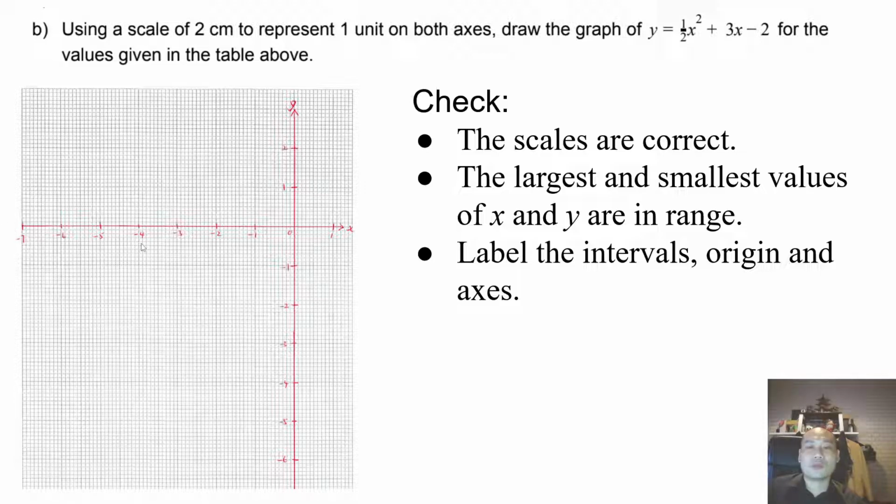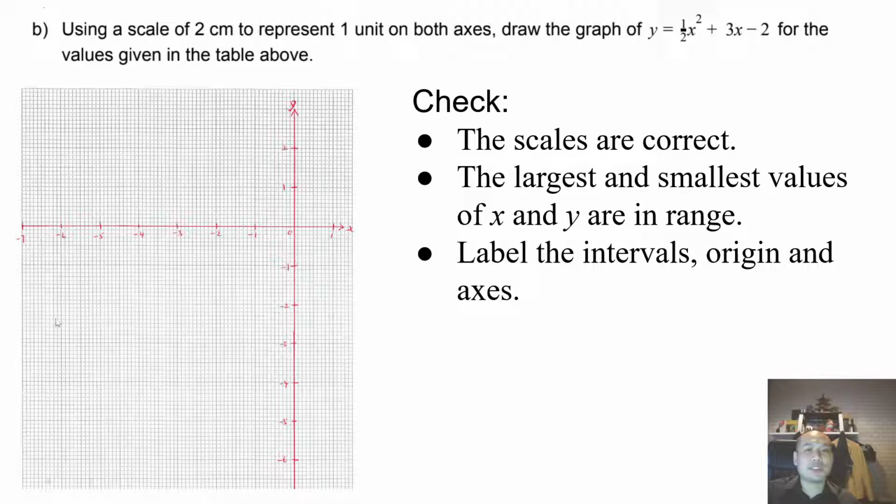One of the most important things at this stage of graph plotting is to make sure that your range is okay. The leftmost and rightmost values should be in range, and the bottommost and topmost values should be in range. Check that your axis is placed in the correct position, so that every point you're supposed to plot can be found on the graph paper.